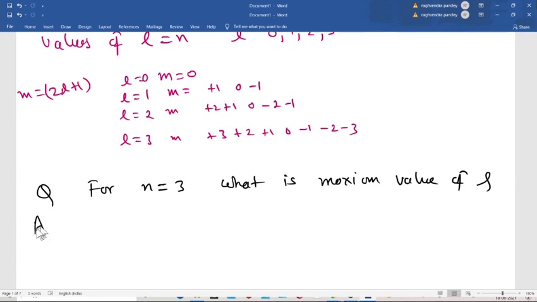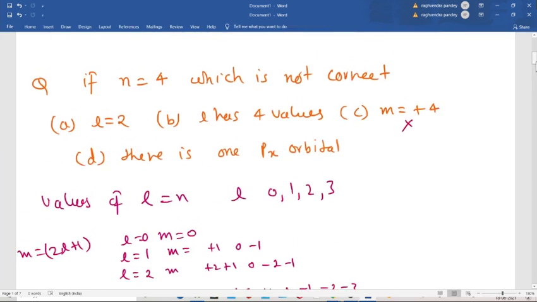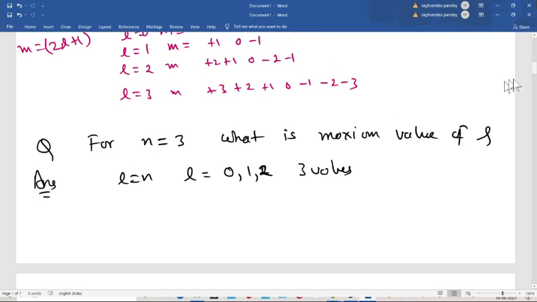Tell me fast. 2, good. Because n is equal to 3, so L values are 0, 1, 2. That is 3 values. So maximum value is 2. These types of questions will come tomorrow. Just remember some of the basic things, then you can do that.